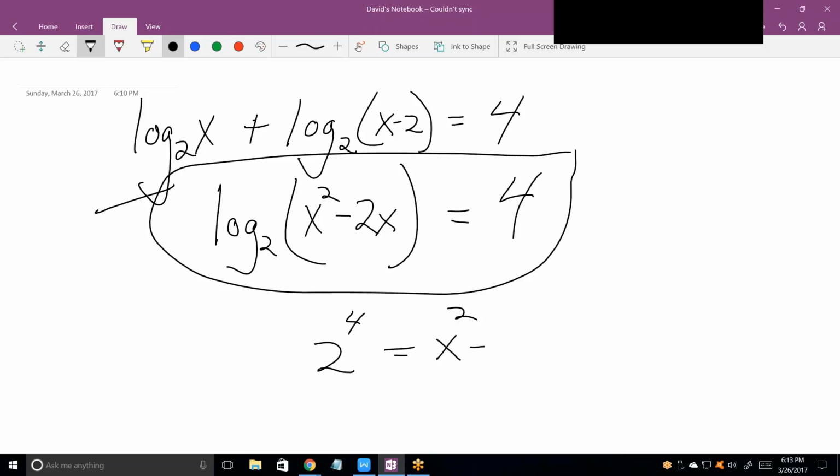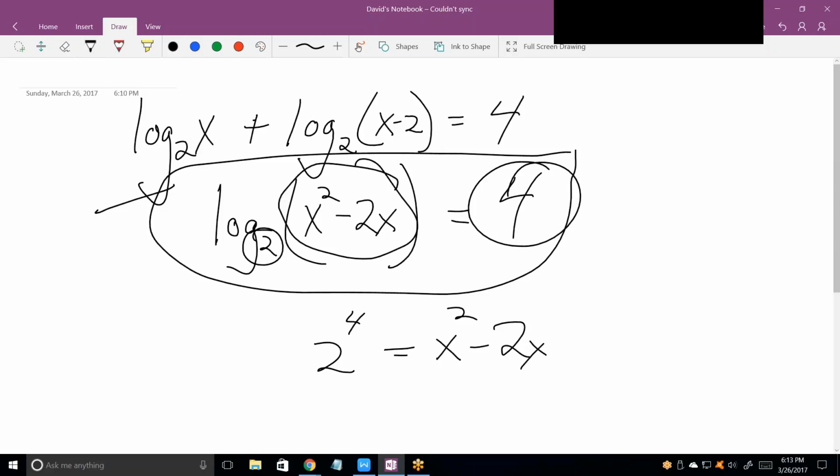Yep. The way I always think about this is it's the number on the far left raised to the power of the number on the far right equals the argument. Okay. Now that gives us 16 equals x squared minus 2x.